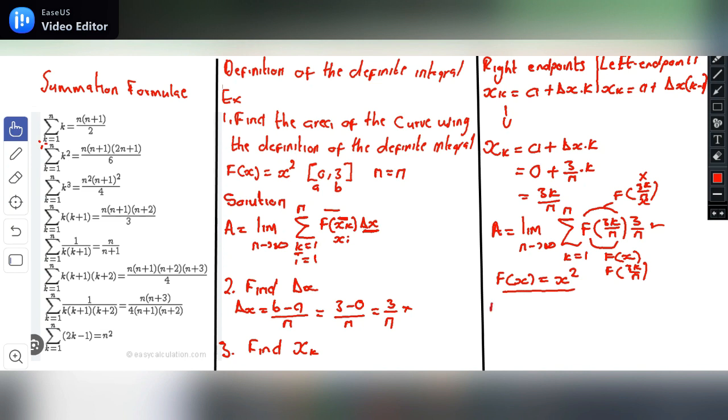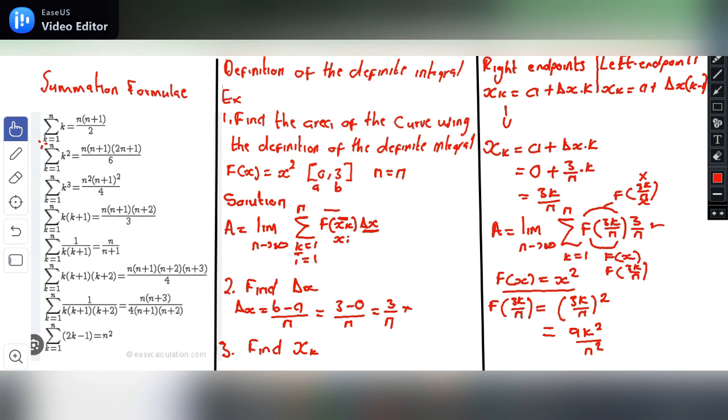So f of 3k all over n is equal to 3k all over n, squared, right? Therefore, it's going to give us 9k squared all over n squared. So after writing it down like this, we now know what f of 3k all over n is.